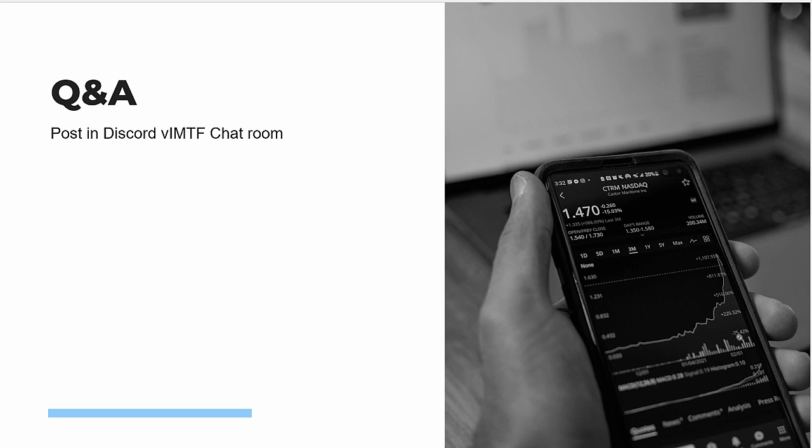This now concludes Module 12, where we discuss having vIMTF and iMTF at the same time. If they're there at the same time on the entry bar, it's a perfect situation where you have a high probability to get to the target very, very fast. If they're offset, then a lot of different things can happen.